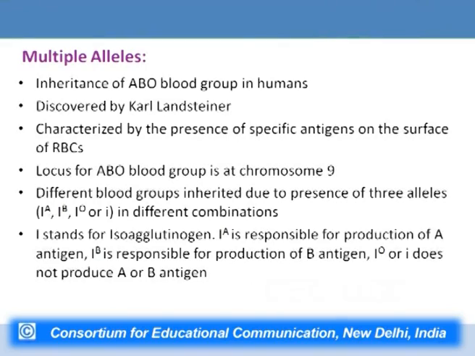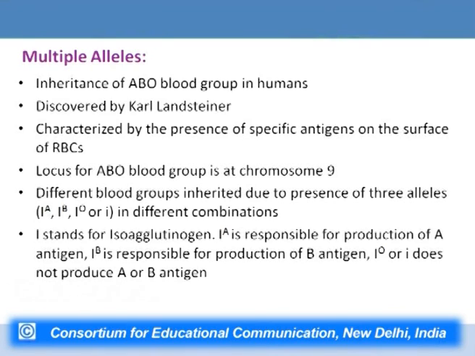So, inheritance of ABO blood group in humans, which was studied by Karl Landsteiner, established that these particular alleles can be categorized as multiple alleles. These blood groups are characterized by presence of specific antigens on the surface of RBC. The locus for ABO blood group is at chromosome number 9.